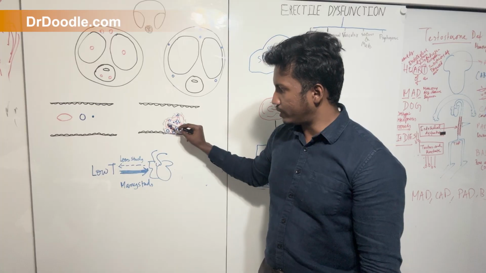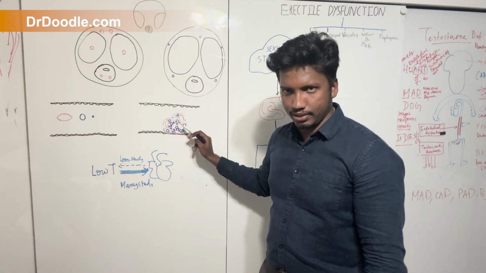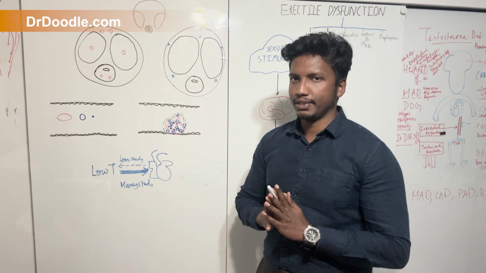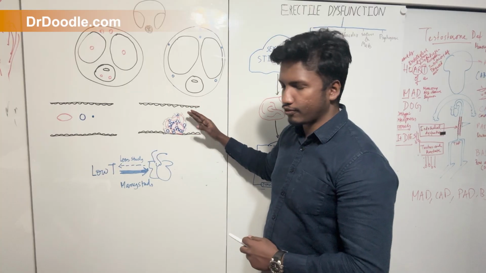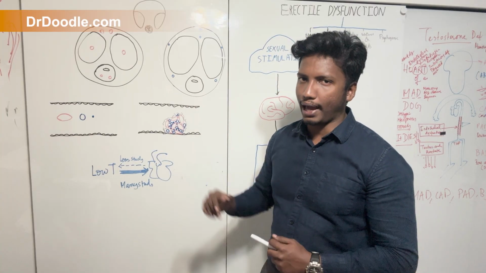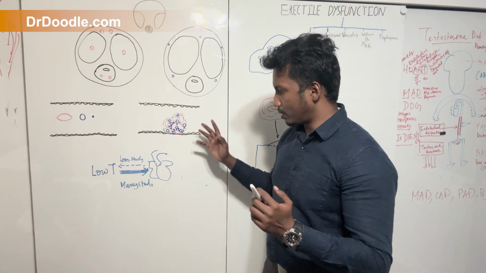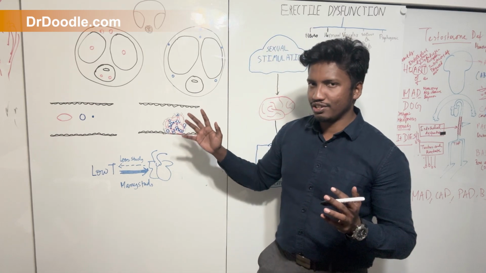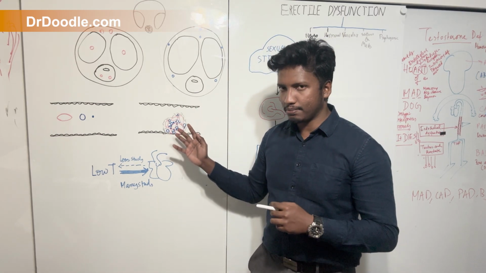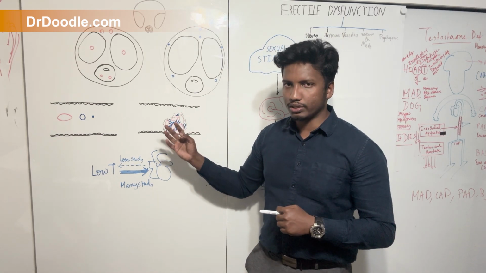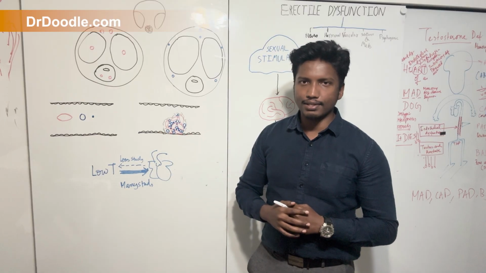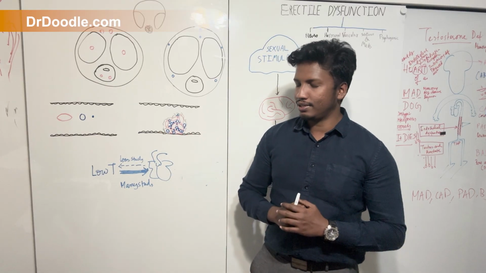That is what is shown over here. And around it, connective tissue will start to gather. This is the basic form of an atherosclerotic plaque. An atherosclerotic plaque is nothing much, just your cell types within the blood along with a lot of fat, and connective tissue around it.